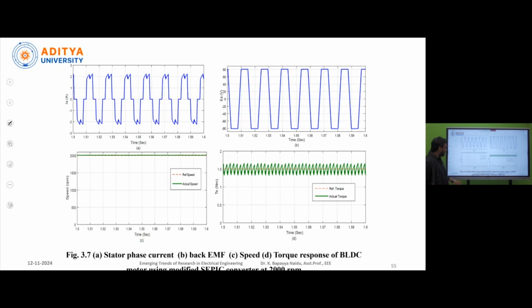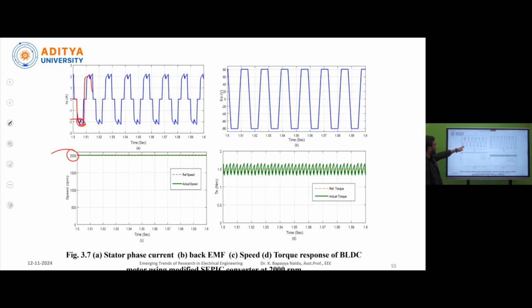In the previous slide the motor was running at 1000 rpm. In this instant the motor is running at 2000 rpm. Here also there is some dip. Compared to PFC converters, the shape of this stator current is improved.